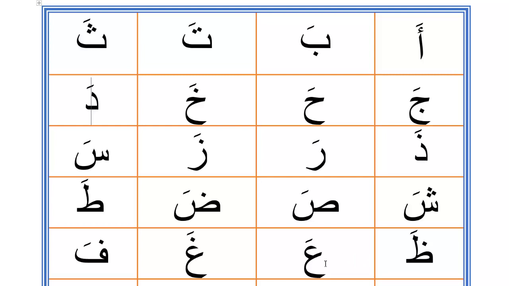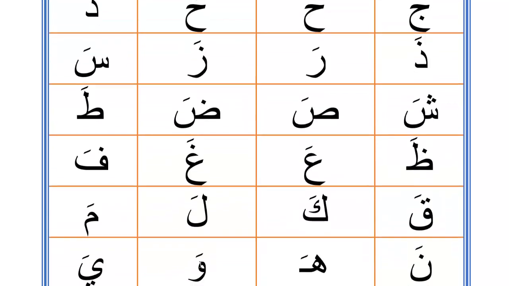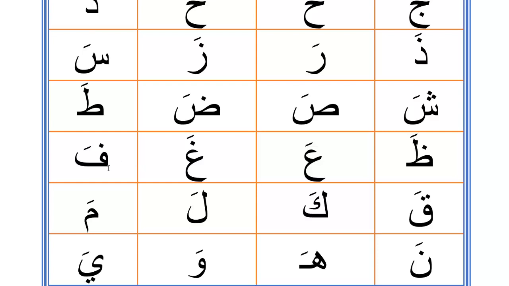عين فتحة ع. غين فتحة غا, GH. فا فتحة فا. قاف فتحة قا, Q. كاف فتحة كا, K, you can use in English. لام فتحة لا.